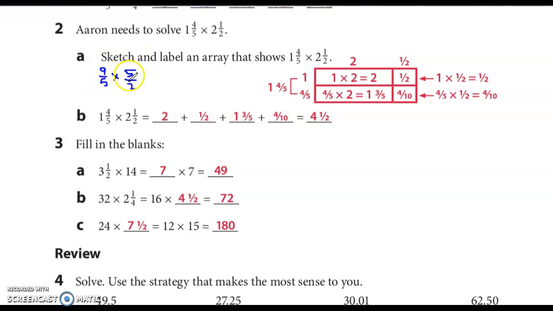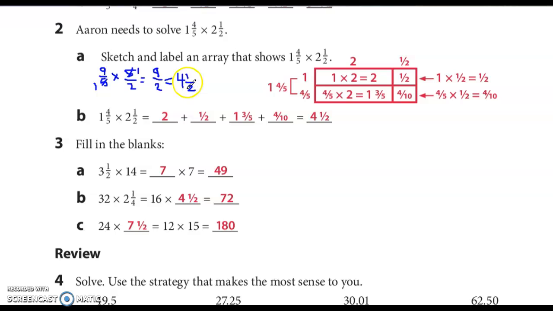I'm noticing that the 5s have the factor 5 in common, so I'm going to divide them both by 5. 5 divided by 5 is 1, so that's going to make this problem a lot easier. 9 times 1 is 9. 1 times 2 is 2. Now let's go ahead and turn it to a mixed number. 2 goes into 9 4 times, with 1 out of 2 left over.